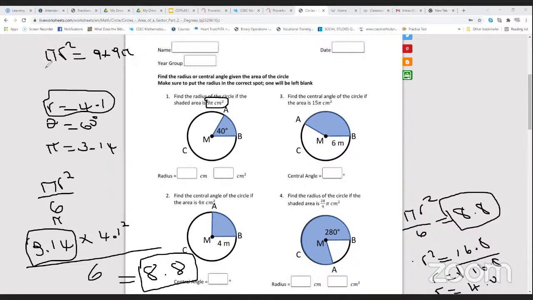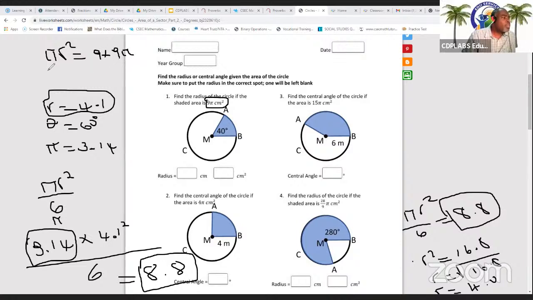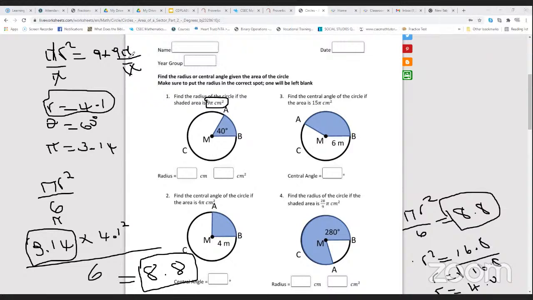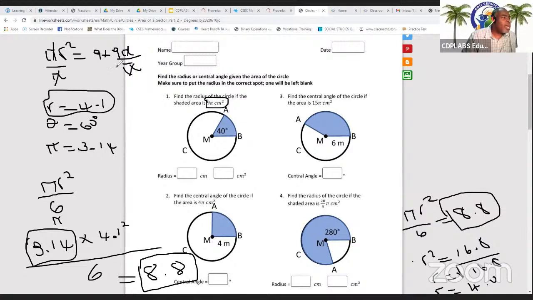So we divide both sides by pi. 9 times 9, 81. So r squared equals 81, right? So the root is 9.